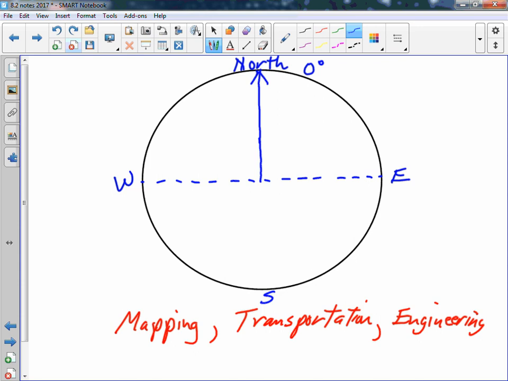You may have seen these if you've done any kind of orienteering, geocaching, something like that. So the quadrant 1 is no problem. There's north. If this angle is 50 degrees, we say north 50 degrees east. And this is called a bearing.